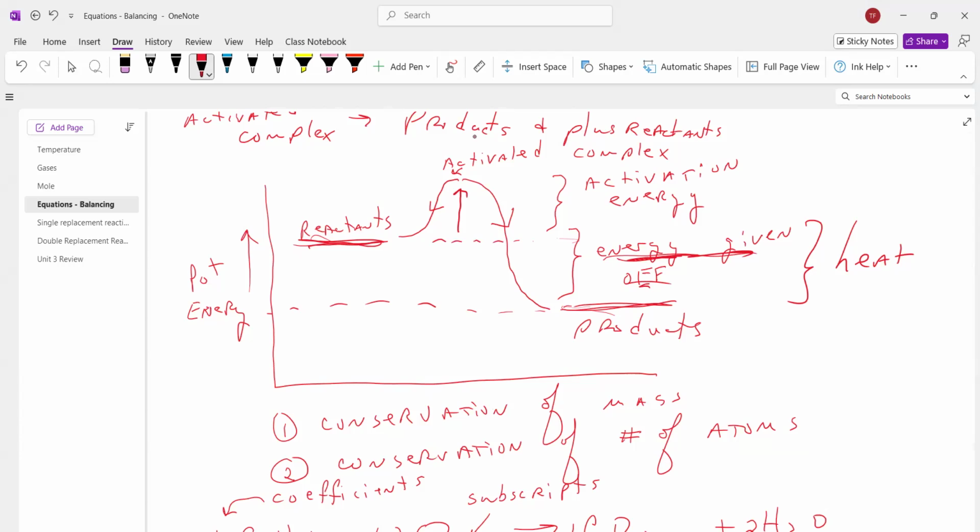Now, when you get into more chemistry, instead of potential energy, they talk about something called Gibbs free energy. Gibbs free energy is a mixture of potential energy plus randomness, entropy. Those together make up Gibbs free energy, and it's a more accurate way of determining what's happening with the reaction.